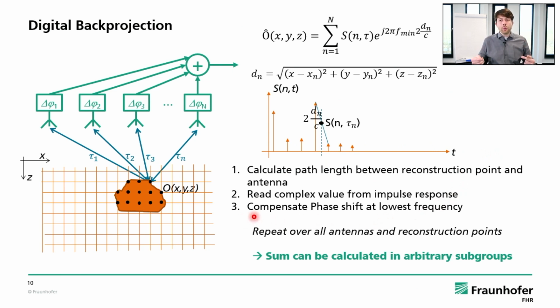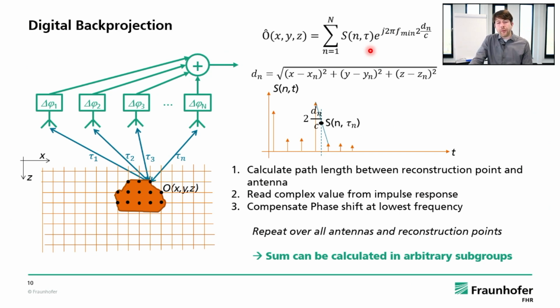and there is something you have to do: compensate for the lowest frequency. That is actually the phase term we see here. After the inverse Fourier transform, the impulse response as a function of delay would compensate for our phase slope. But it does not compensate for a minimum frequency because we are not starting from zero. We are starting from some 76 gigahertz, 77 gigahertz or so.